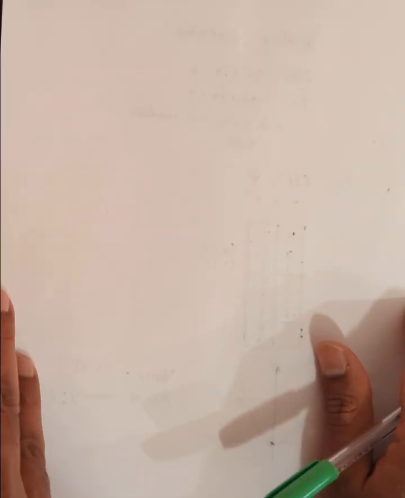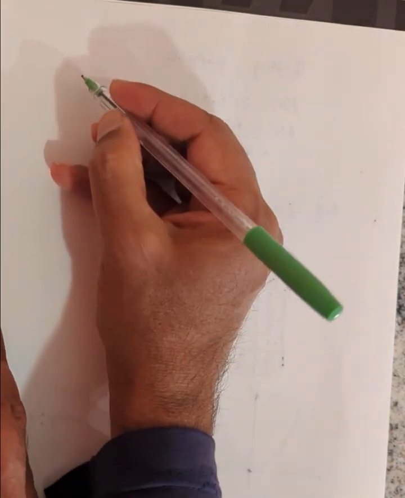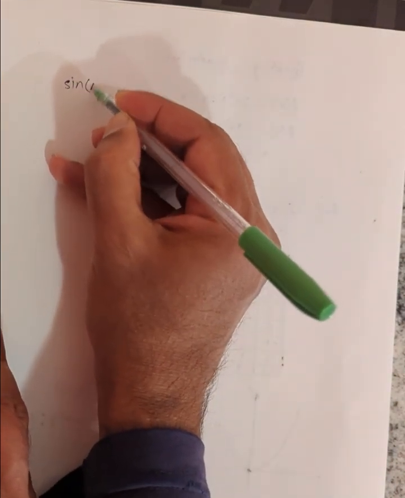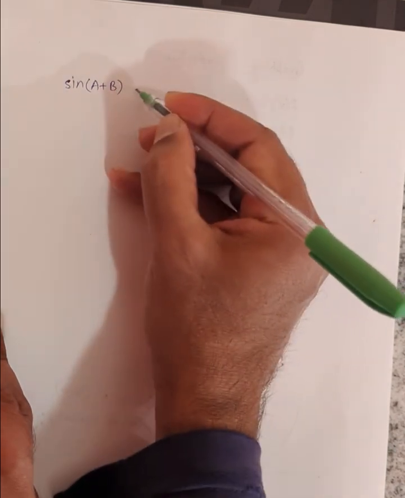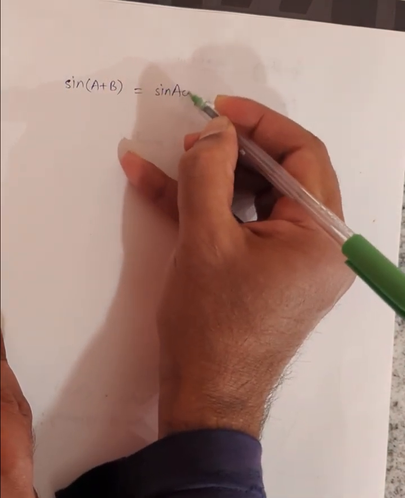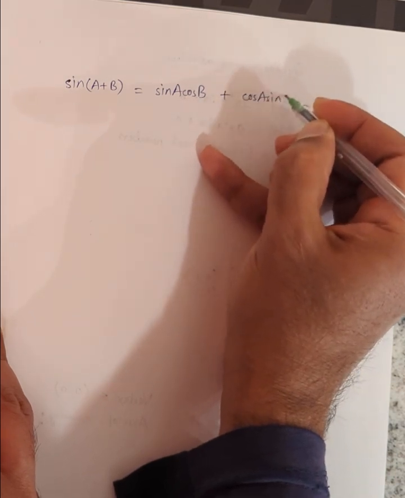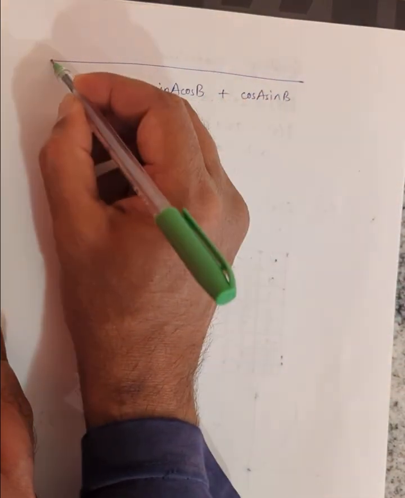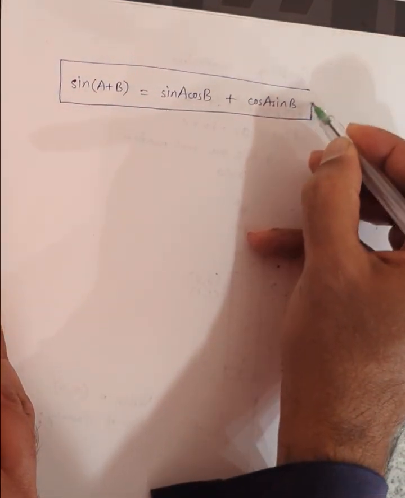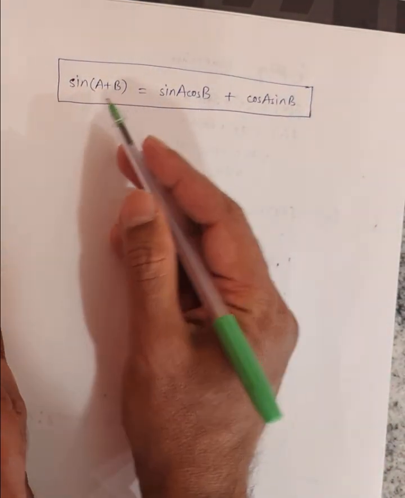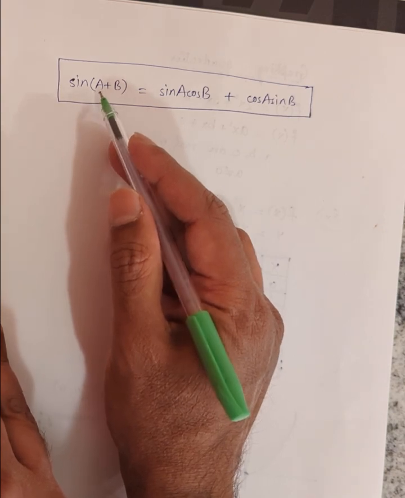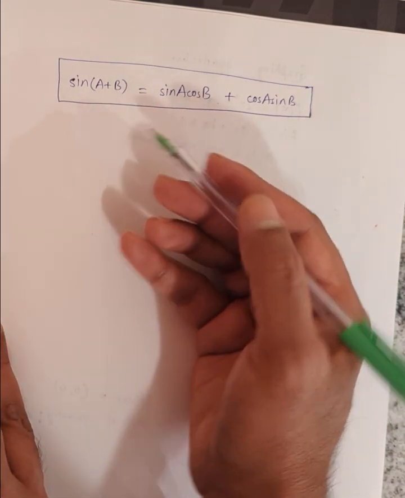So now let's go ahead and summarize the sum formulas. So let me just write down just those three identities. Sine of A plus B is sine A cos B plus cos A sine B. A and B are angles. Sometimes you might see people using U and V or X and Y or alpha, beta.